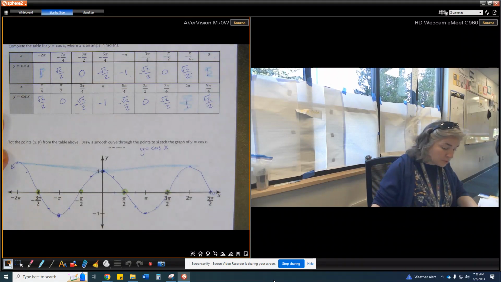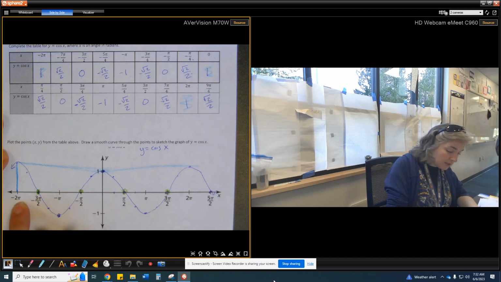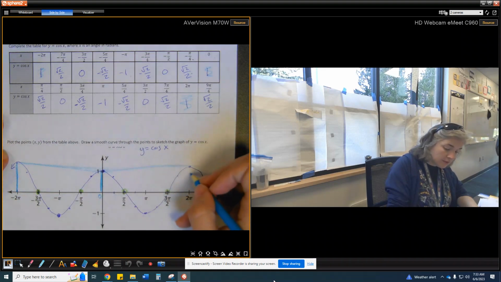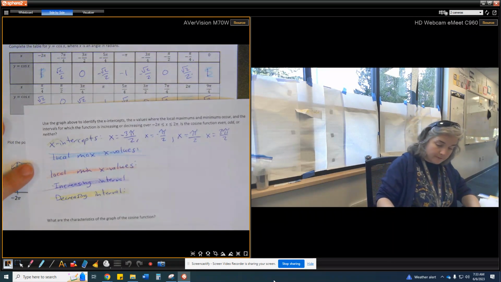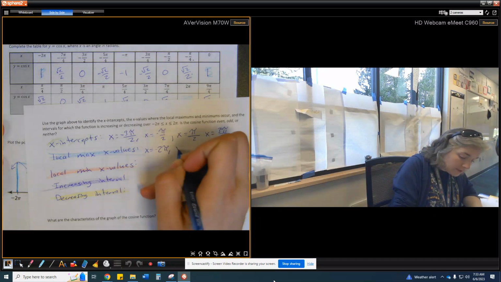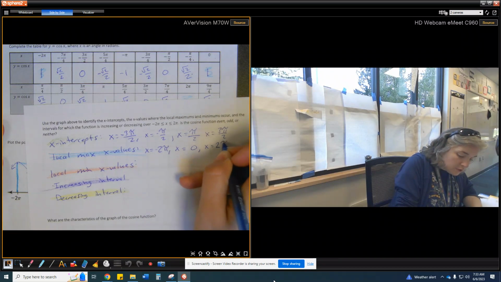Now we have to look at where the x is at that local maximum. So that means we're there at negative 2 pi, 0, and at 2 pi. So these are at x equals negative 2 pi, x equals 0, and x equals 2 pi.